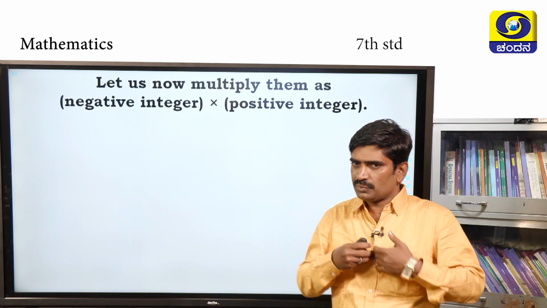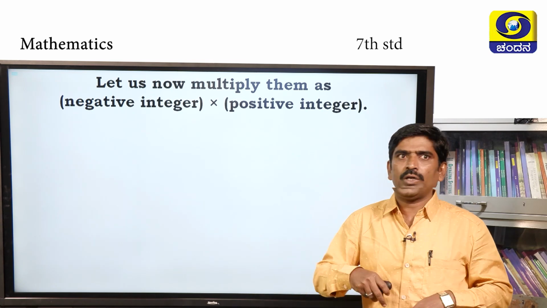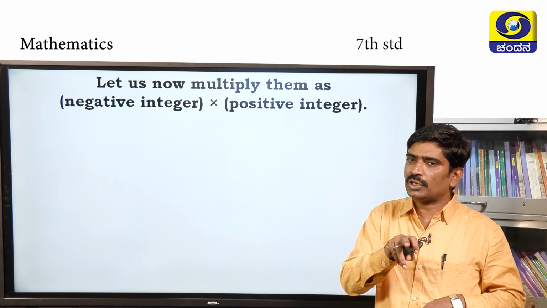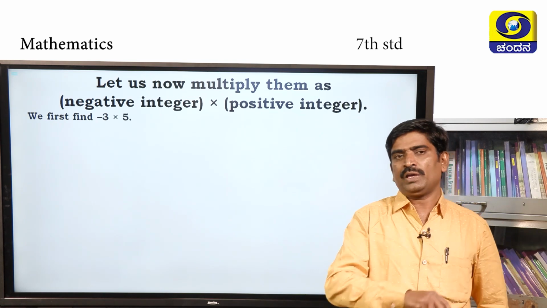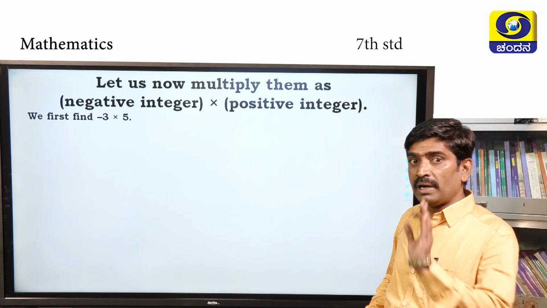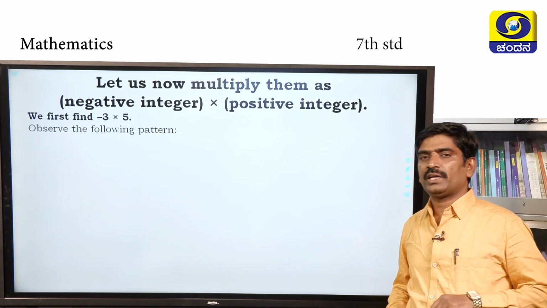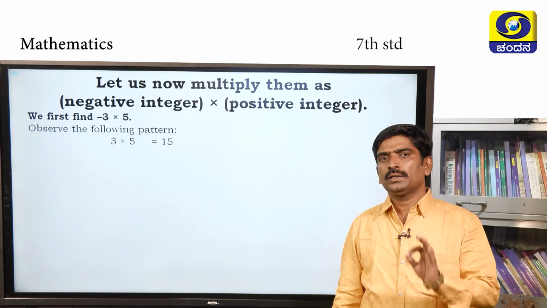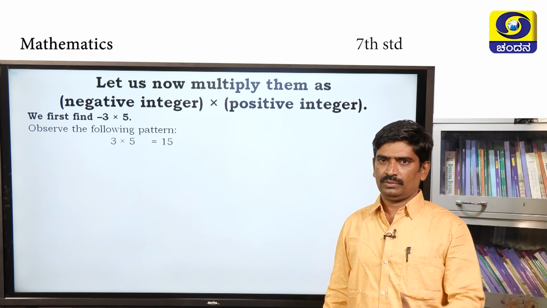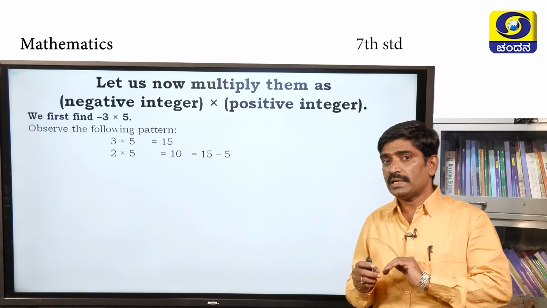First we did positive times negative. Now we go to negative integer times positive integer. We first find minus 3 into 5. Observe the following pattern. Here 3 into 5 is 15, good. Then 2 into 5 is 10. What is the pattern here?